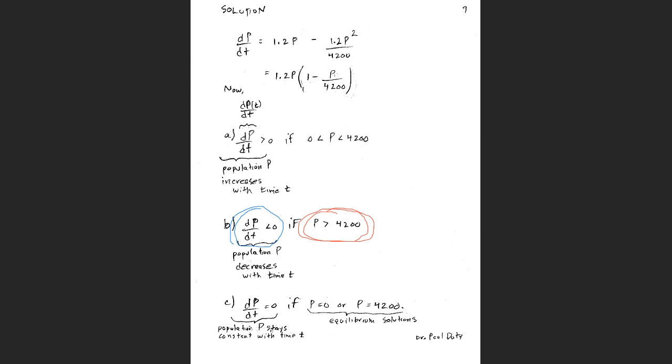So if we have 6,200 deer, and we model the deer population with this differential equation, the deer population is going to decrease until it reaches what?